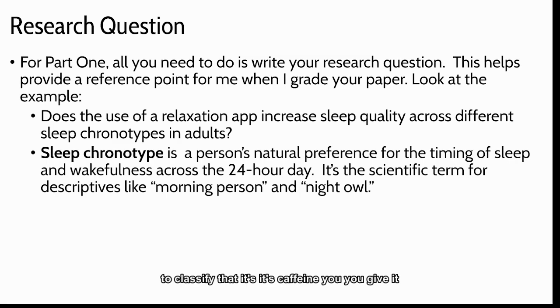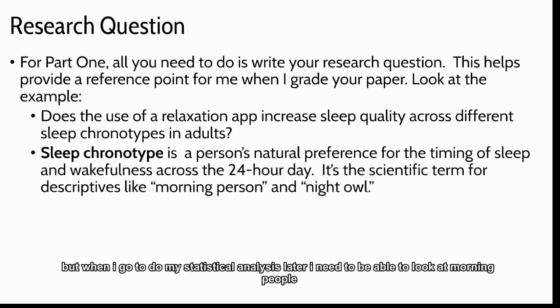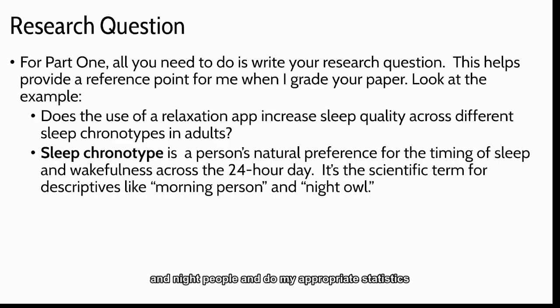It's caffeine. You give it maybe 100 milligrams and 200 milligrams, and then a group that gets none. In my particular study, and the way this is set up here, I've got to identify a person's sleep chronotype first. They're all going to use this app. But when I go to do my statistical analysis later, I need to be able to look at morning people and night people and do my appropriate statistics.